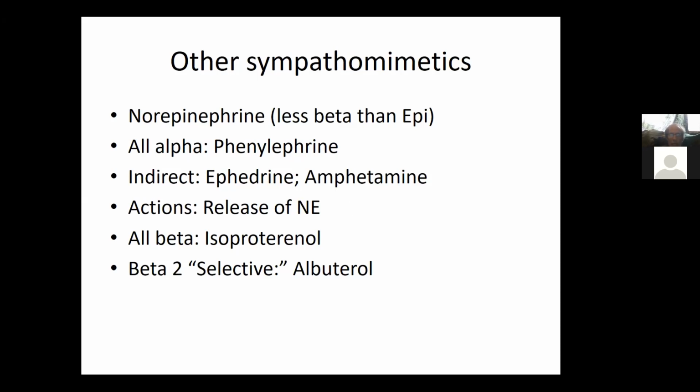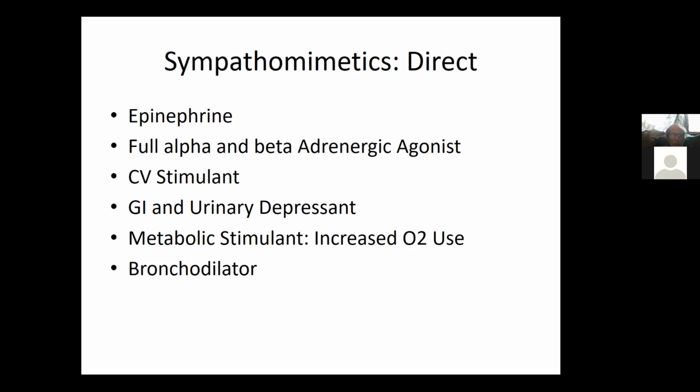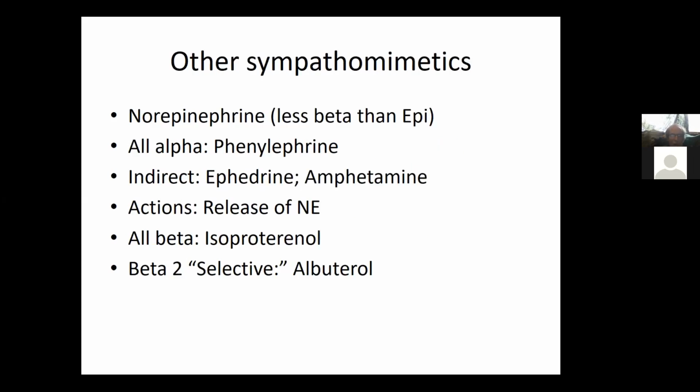To get absolute complete alpha beta separation may be somewhat difficult, but typically phenylephrine is thought about in terms of its nearly pure alpha effects. So if you think, what does that mean in terms of the pharmacology? Again, go back to epinephrine and now subtract the beta component out completely and just stay there with the alpha component. So in the vasculature, for example, when the beta is gone, you don't have that vasodilator effect.